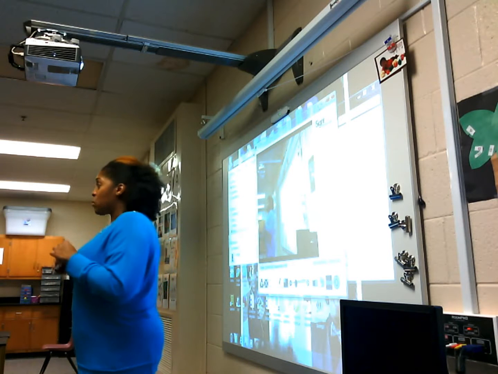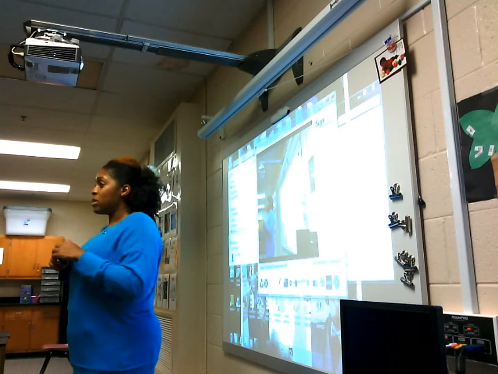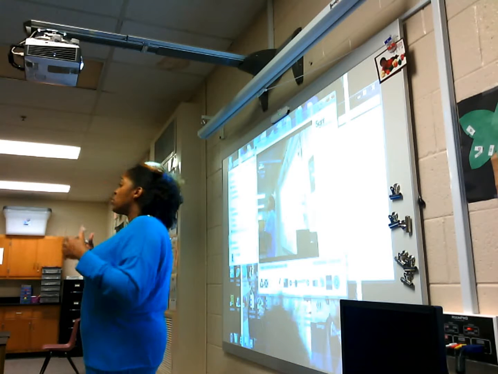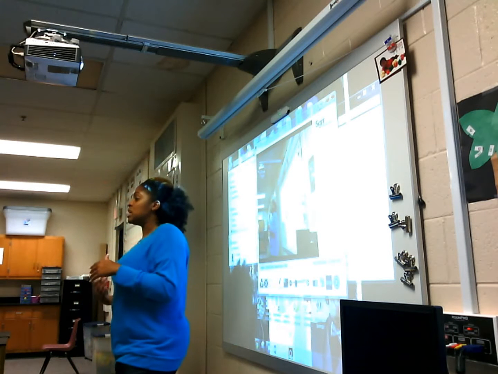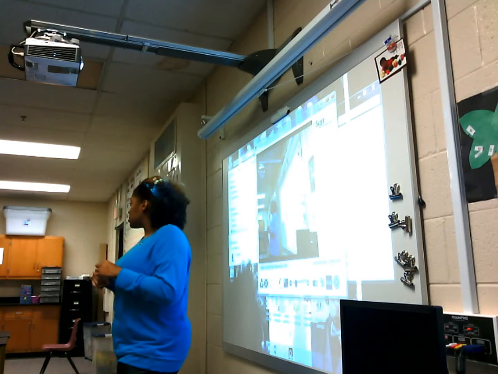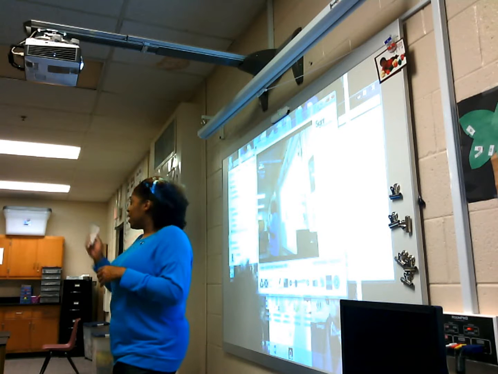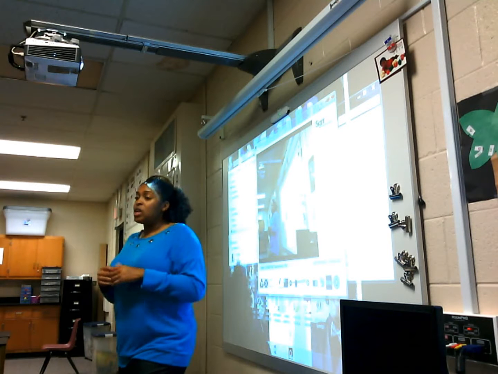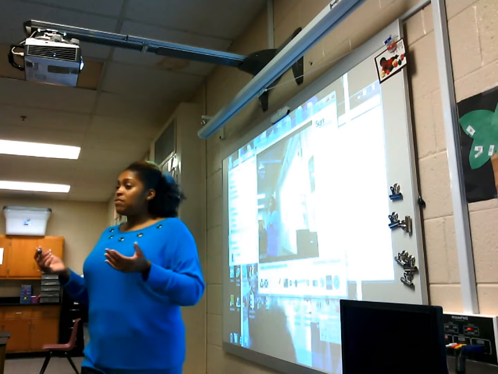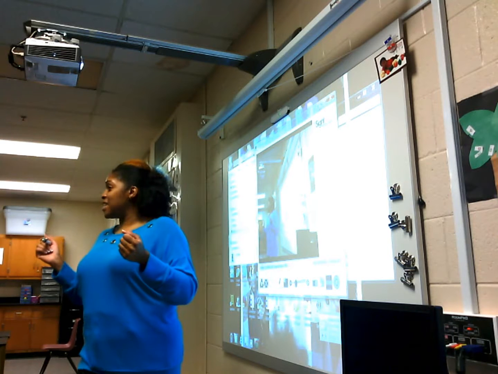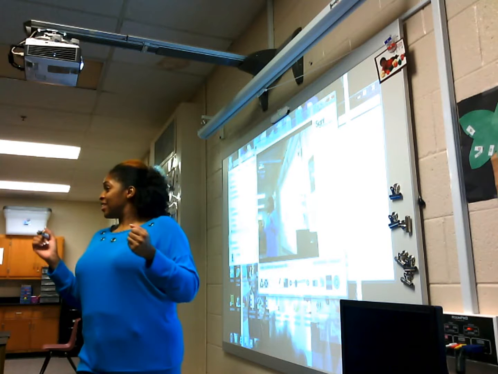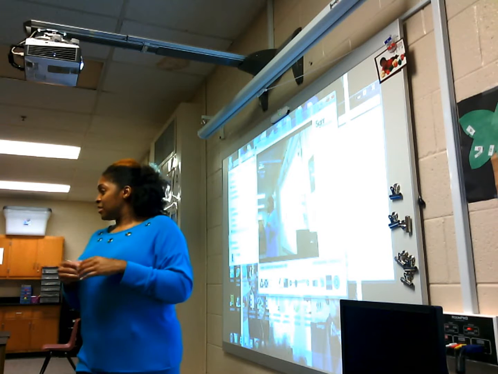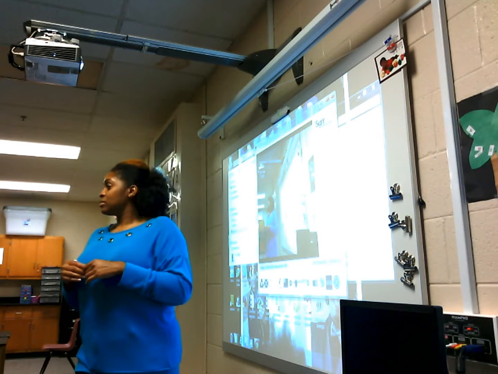Now, the next part is metamorphic. What about a metamorphic rock? How is that one formed? Perfect. So a metamorphic rock is formed from heat and pressure deep within the earth. There are two types of metamorphic rocks. What are they? Foliated and non-foliated. So what's the difference between foliated and non-foliated? Foliated rocks, they're like the lines are not so straight.